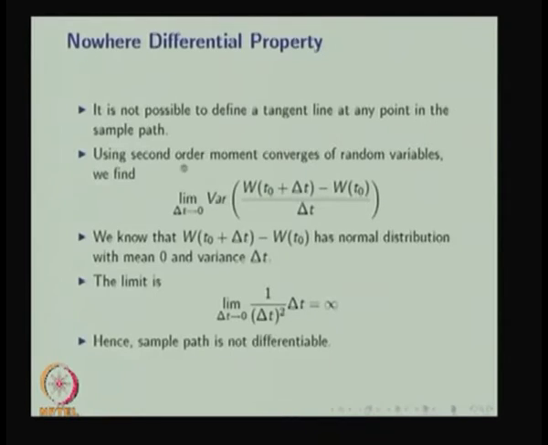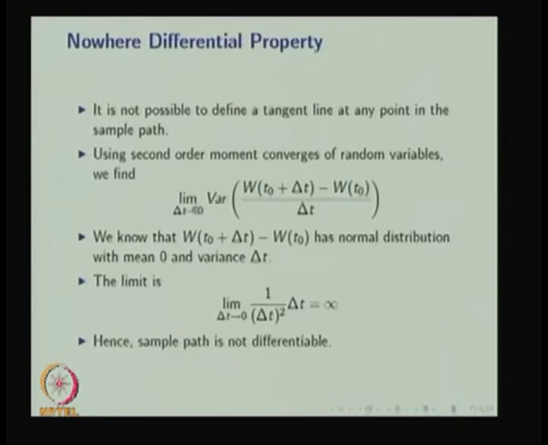But here we are using the second order moment convergence. Therefore, we are finding the limit as delta t tends to 0 of the variance of this random variable. The difference divided by delta t is a random variable, so we are finding the convergence of the function of a random variable via second order moment convergence.